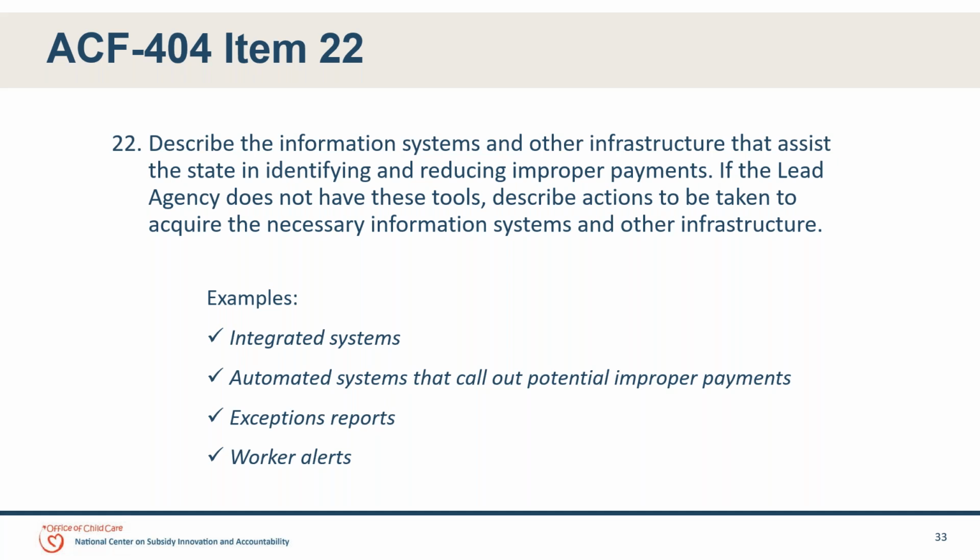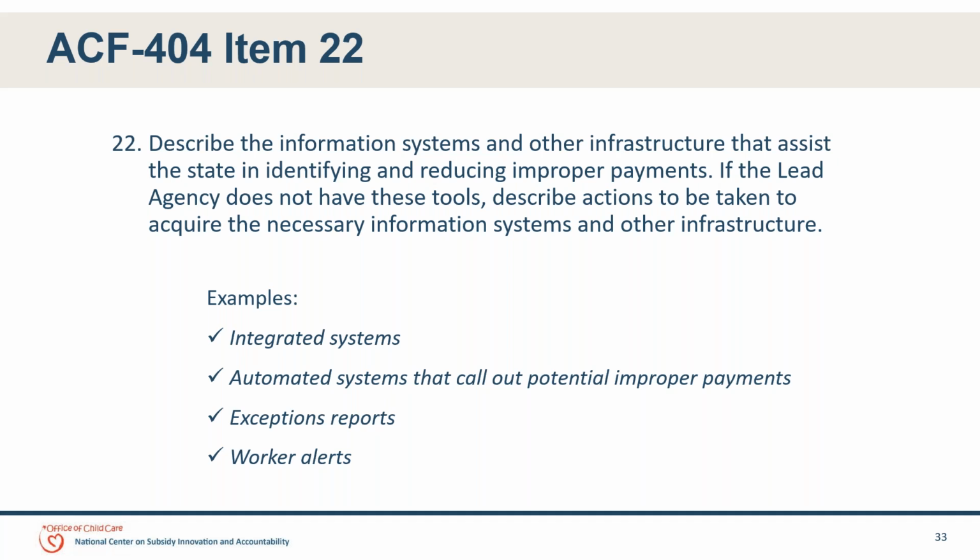All right. Item 22 is where you will describe your information systems and other infrastructure that assist in identifying and reducing improper payments. So we're thinking here about systems that help with eligibility, such as those that interface with other programs.